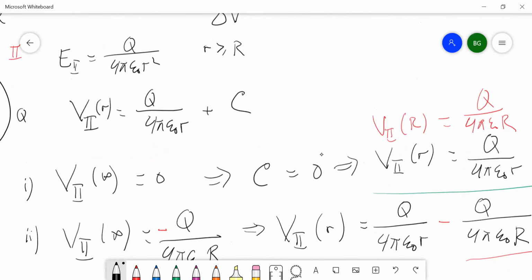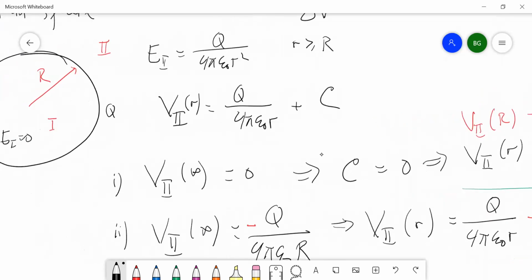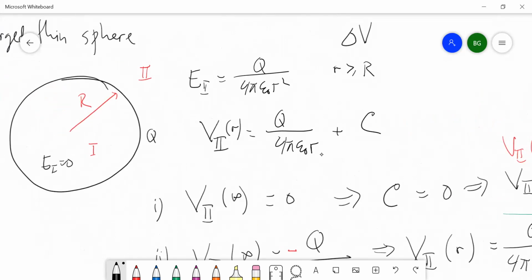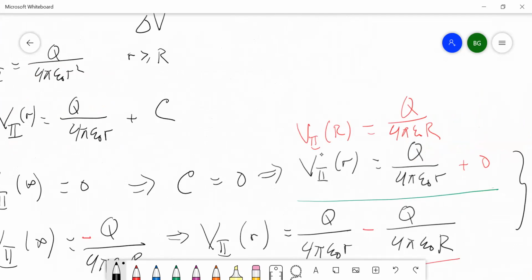So for C equals 0, if we evaluate this V2 at R equals capital R, which is on the surface of the sphere, we get that this equals this one.